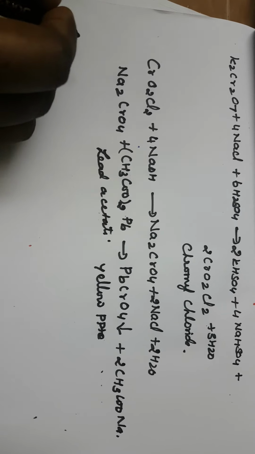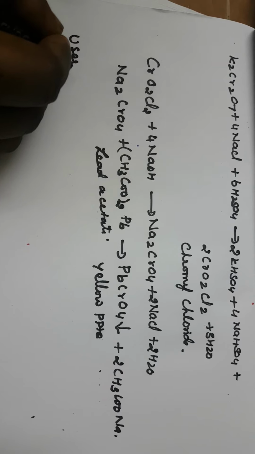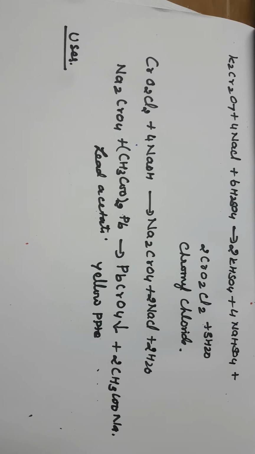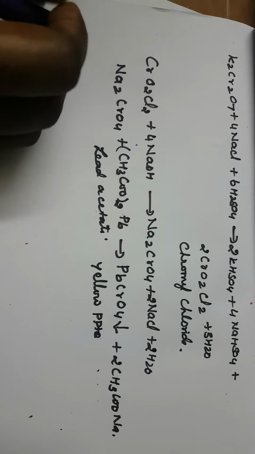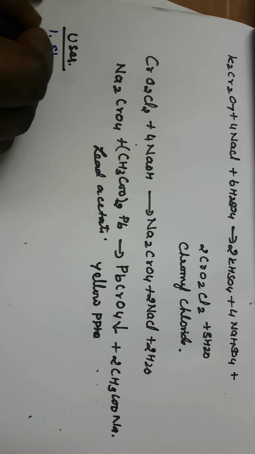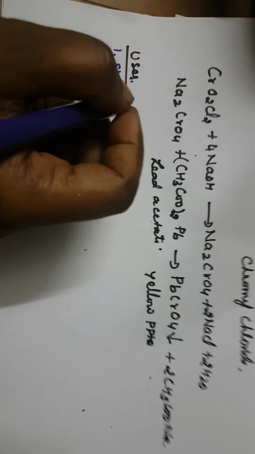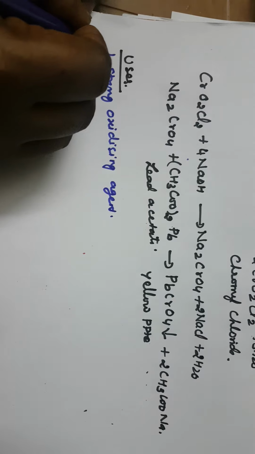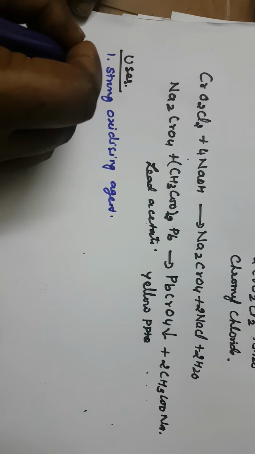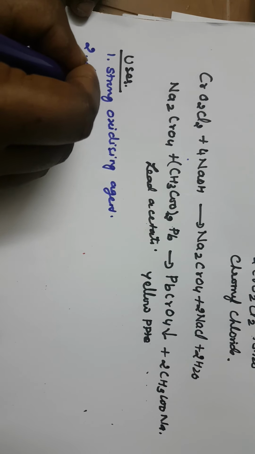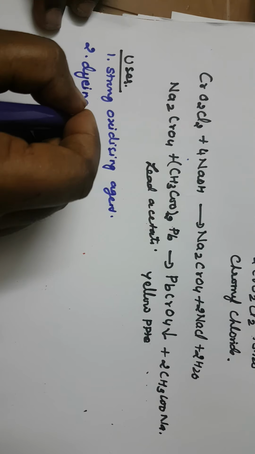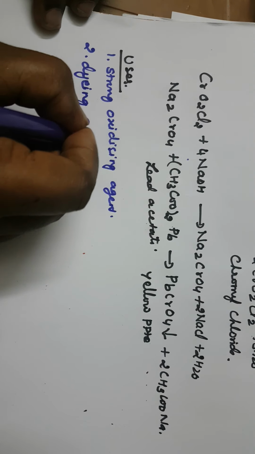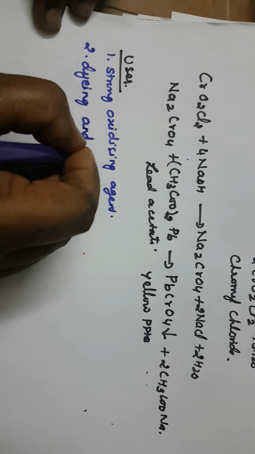Finally, the last one: what are the uses of potassium dichromate? First one, it is a strong oxidizing agent. We already know that it is a strong oxidizing agent. Second one, it is used in dyeing and printing. Dyeing means the textile dye industry, as they say. So that is dyeing and printing.